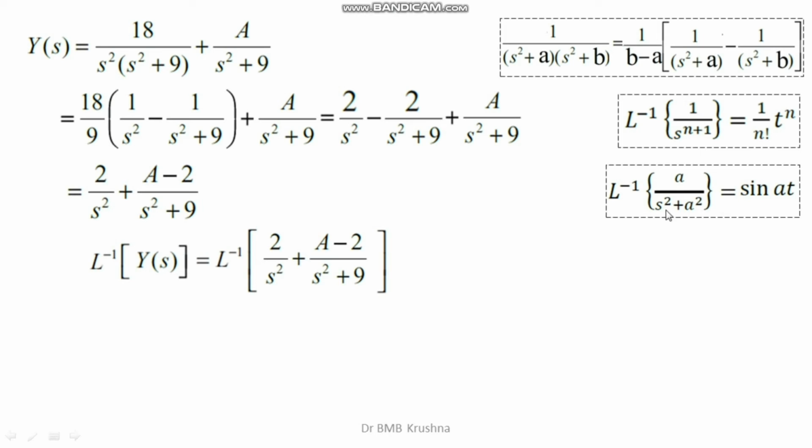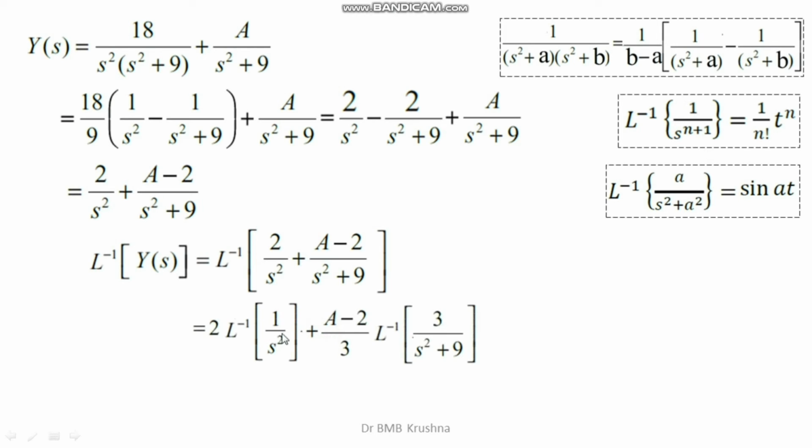According to these formulae, you can see 2 is a constant outside of the inverse Laplace transform of 1 by s square, and minus 2 is a constant, but we know the result of the inverse Laplace transform of a by s square plus a square as sin at. But it doesn't contain 3, that is why I have multiplied by 3 and at the same time divided by 3. You can see the inverse Laplace transform of 3 by s square plus 3 square.